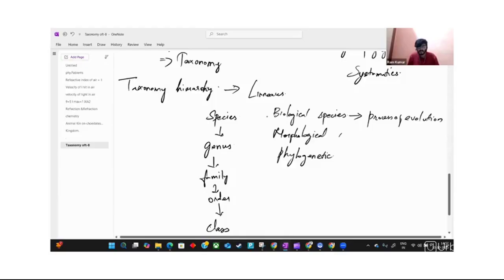Both morphological species and phylogenetic species come under the product of evolution.